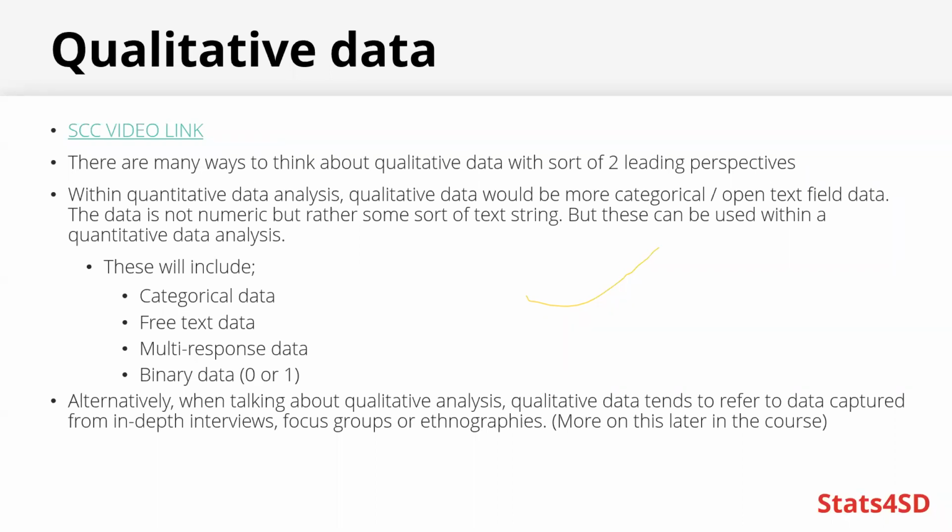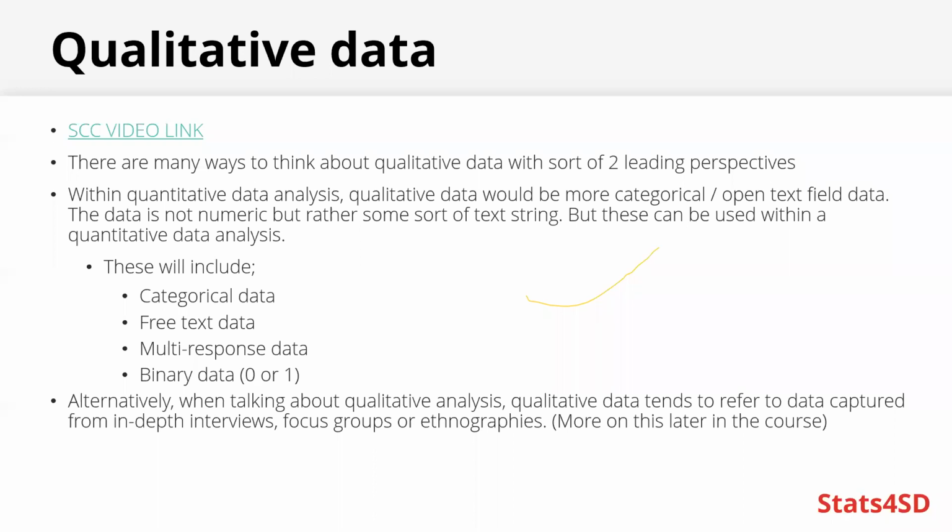It's quite common to find these in some form of short survey. The other way to look at qualitative data is considering things like the results of in-depth interviews and focus groups or ethnographies or literature reviews, those sorts of things. So as I say, there's two ways to look at qualitative data.